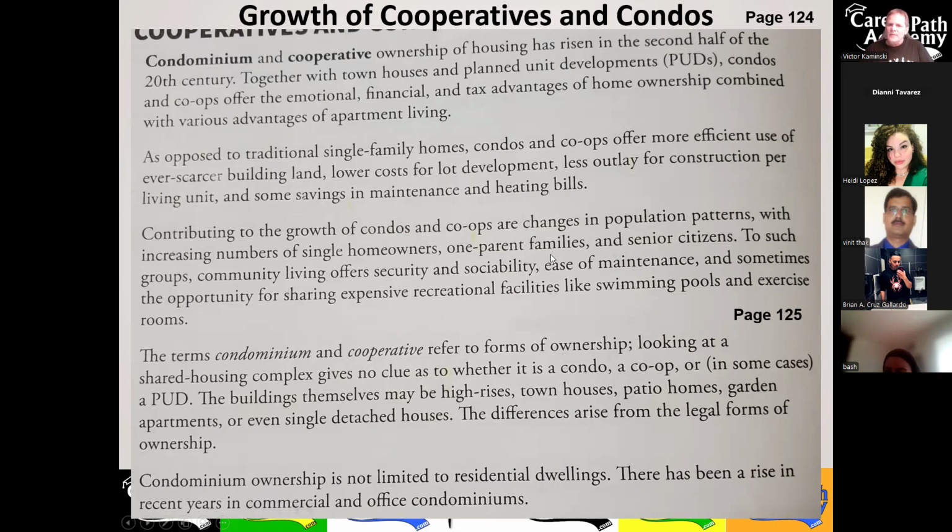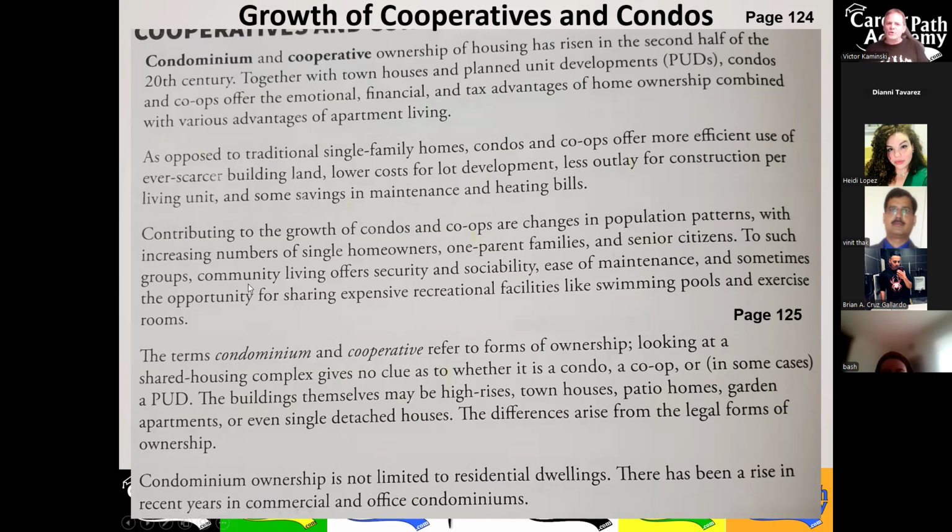You see, as times change, as the family unit changes, where people have children more often out of wedlock, and you have single-parent families, or maybe divorce becomes more common as our society changes, there's more of a demand for housing that's more affordable for a single homeowner, a single parent, or senior citizens.